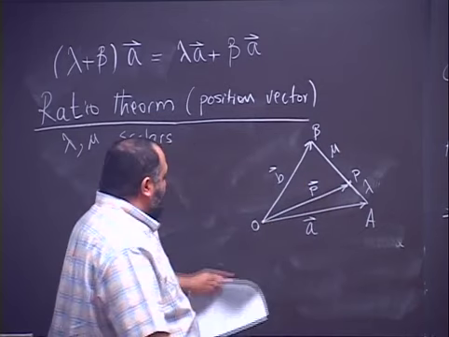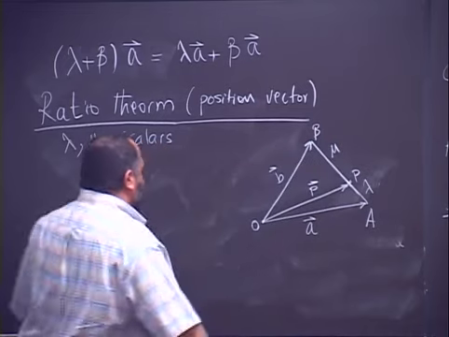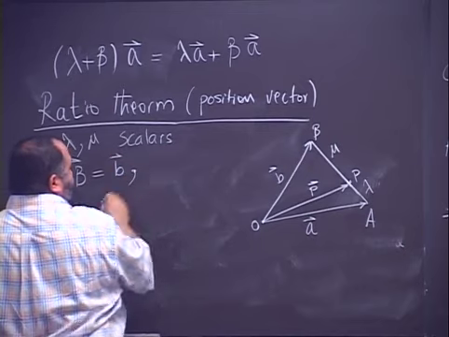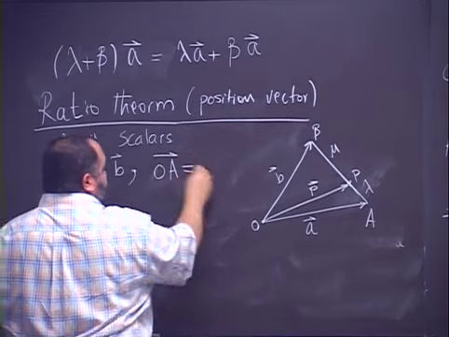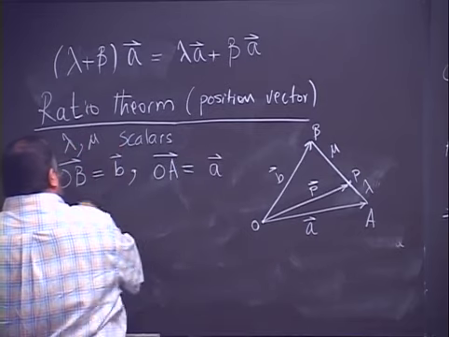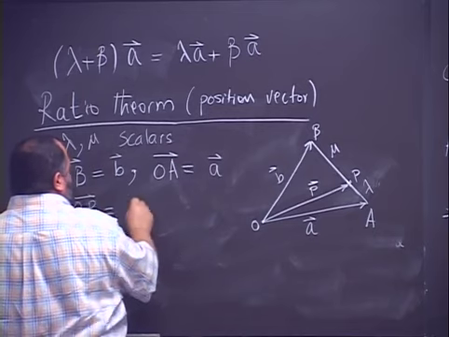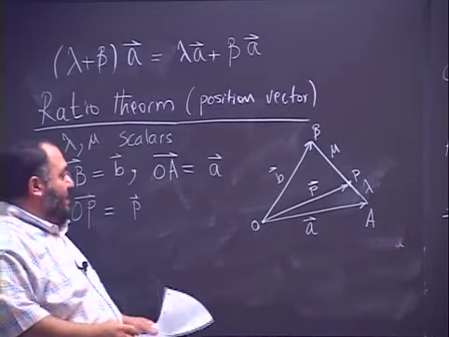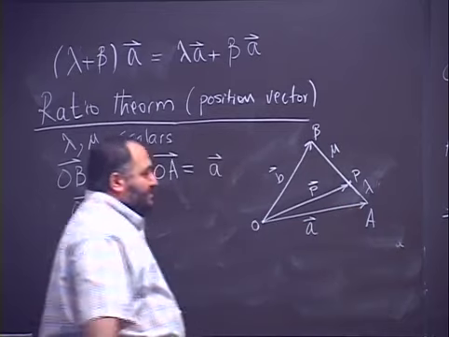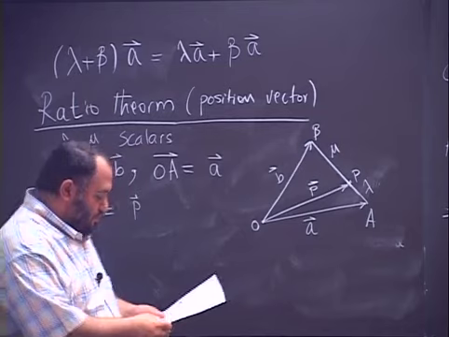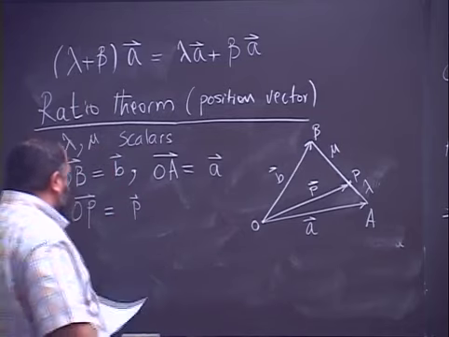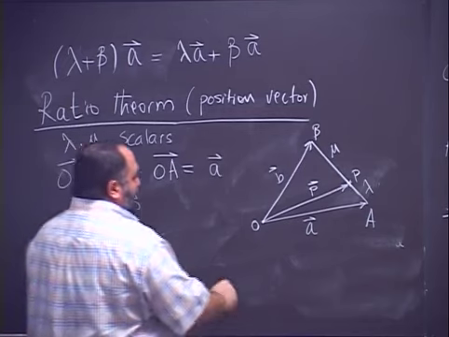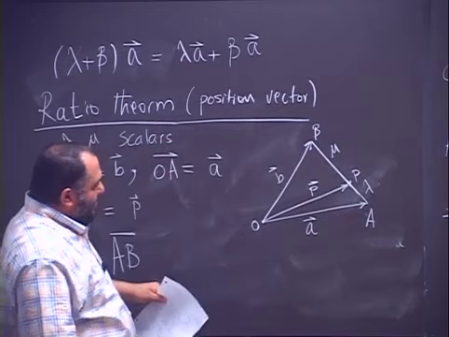This is the origin, so OB as a vector is just equal to vector B, OA as a vector is just vector A, and OP as a vector is just vector P. Our goal is to find the point P where it divides the line segment to those two ratios, lambda to mu.